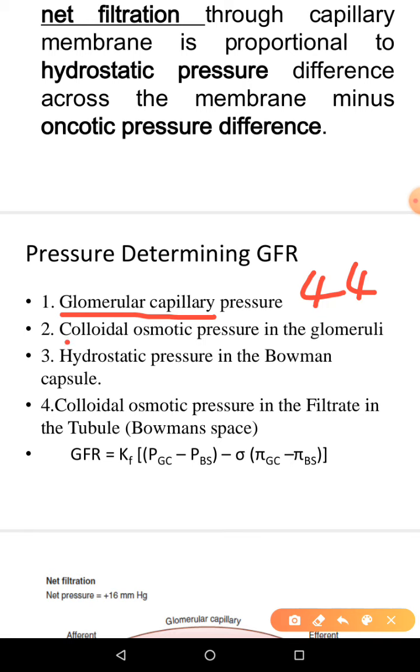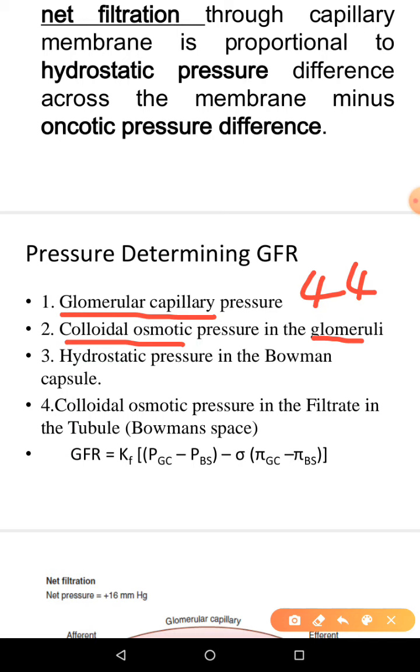And then we have the colloidal osmotic pressure in the glomeruli, meaning in the capillaries. This is also called oncotic pressure in the glomerular capillaries. This is another force opposing filtration, and it is determined by the protein concentration of the glomerular capillary blood.